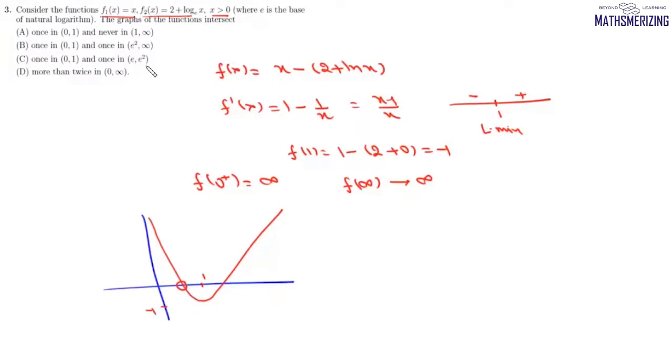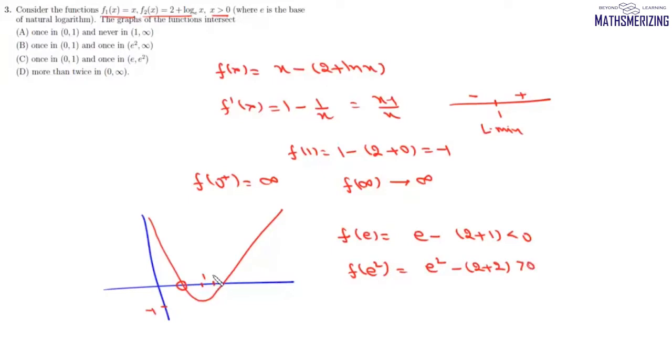Now if we find f(e), f(e) is e minus 2 plus log e. It is 1, so it is less than 0. And if we find f(e square), it will be e square minus 2 plus 2, which is greater than 0.